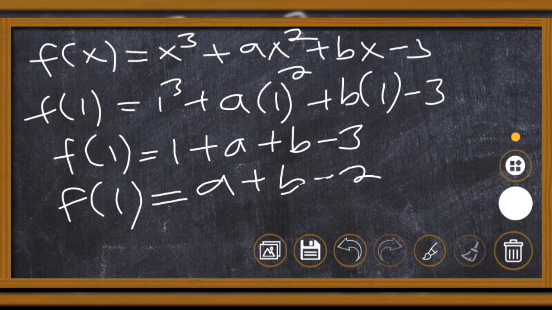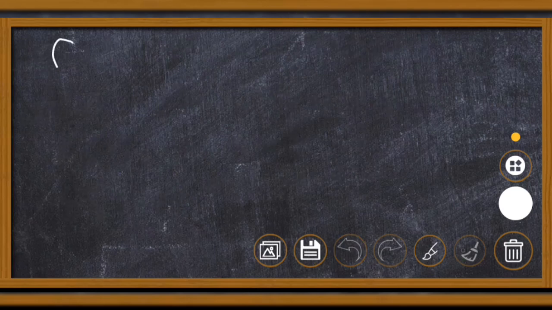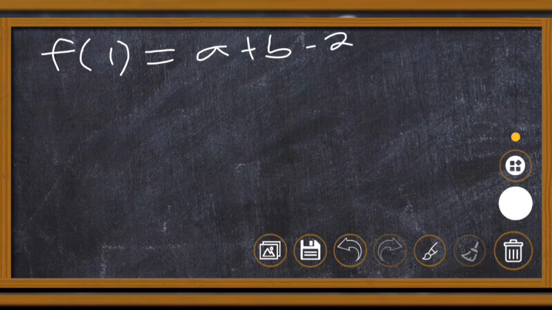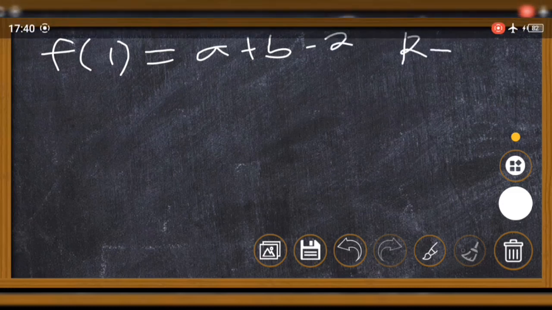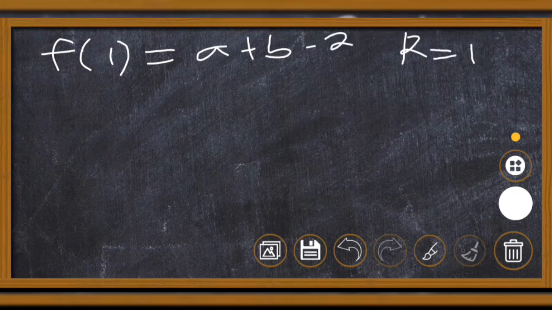So in this case, let me just wrap this. We have f of 1 equals to a plus b minus 2. And then the remainder given for this one was 1. So let's replace where there is this function with 1. So we are going to have 1 equals to a plus b minus 2.